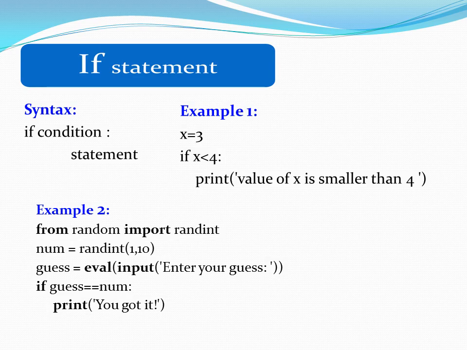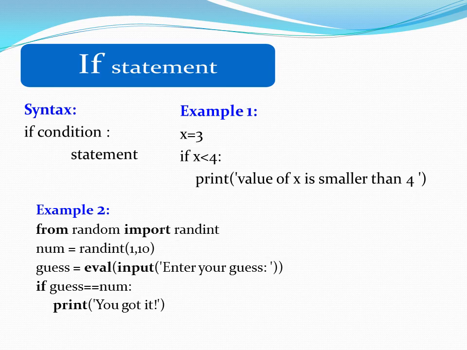And next we have input our own guess of what value the number can store, and then in the if statement we compared these two values, guess and number, and if these two are equal, then the statement will be printed, you got it. And if these two values are not equal, then the condition becomes false and the print statement will not execute.